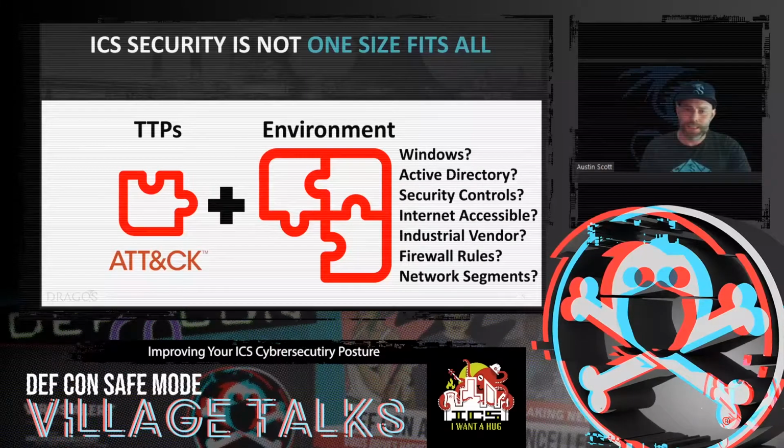Once you understand these basic environmental factors and how they change the tactics and techniques of an activity group, that can really help you reduce your risk and understand where you need to invest your time and energy to mitigate some of these risks.